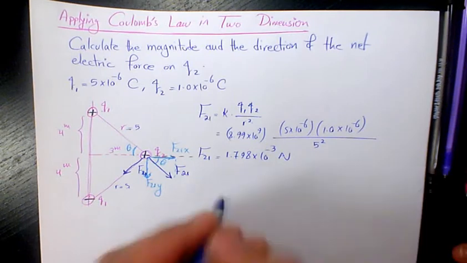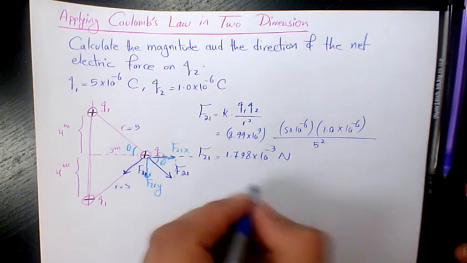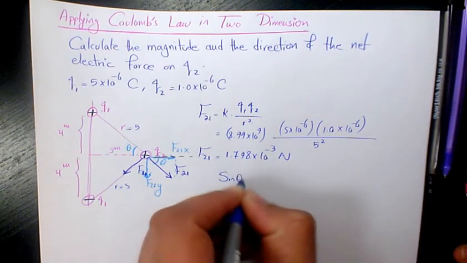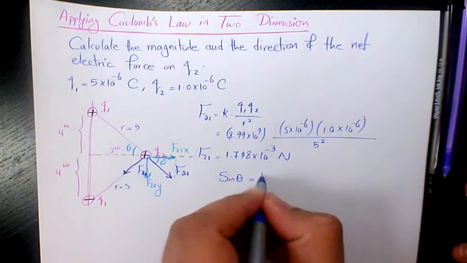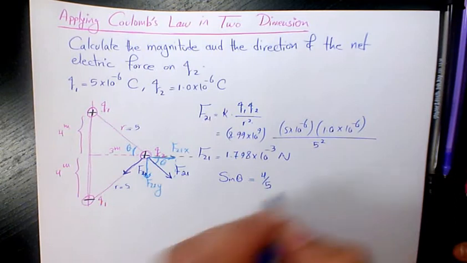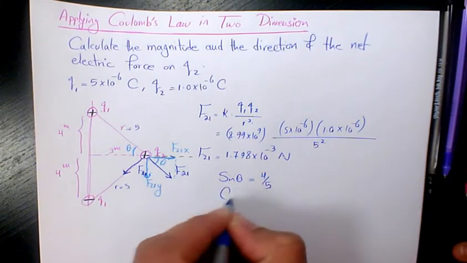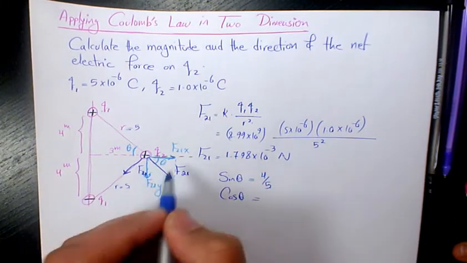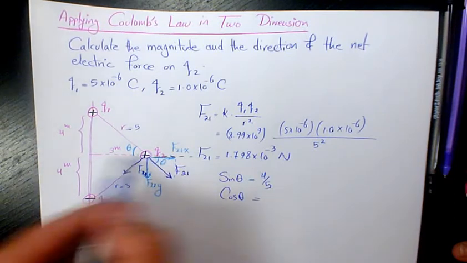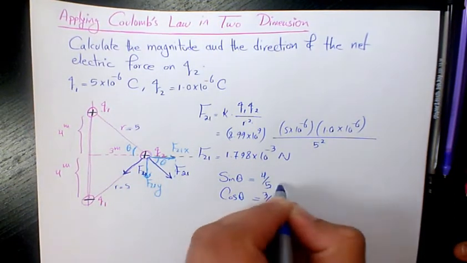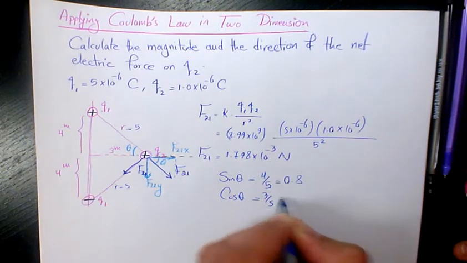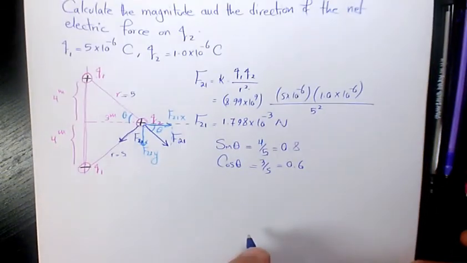We can use sine, cosine, or tan, doesn't matter. Sine theta equals opposite divided by hypotenuse, which is 4 over 5. And cosine theta is adjacent divided by hypotenuse, which is 3 over 5. So that's going to be 0.8. This one is going to be 0.6.